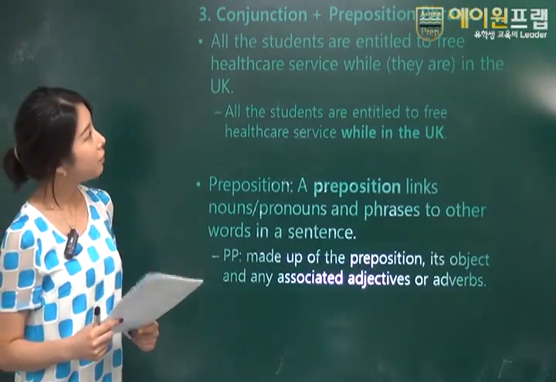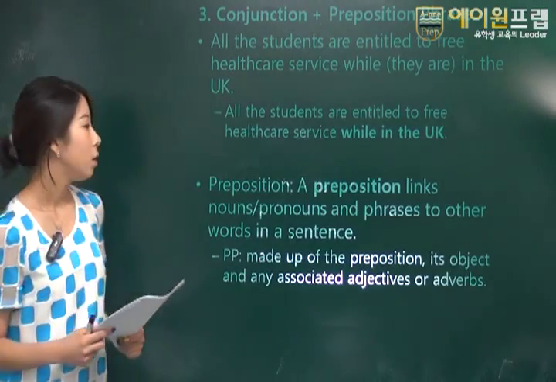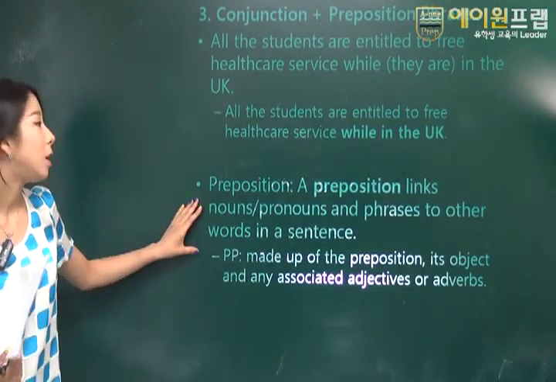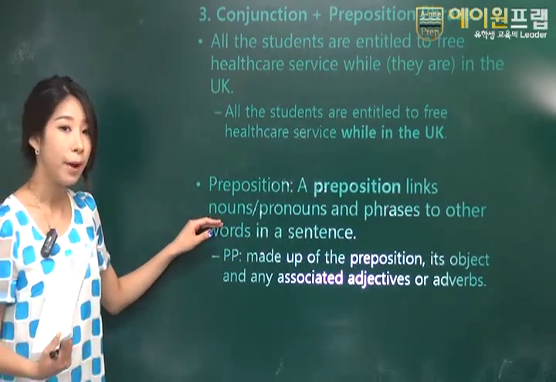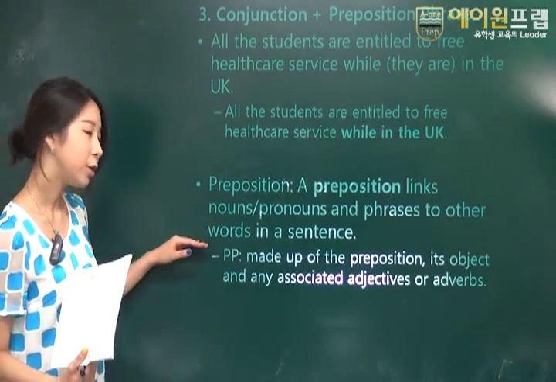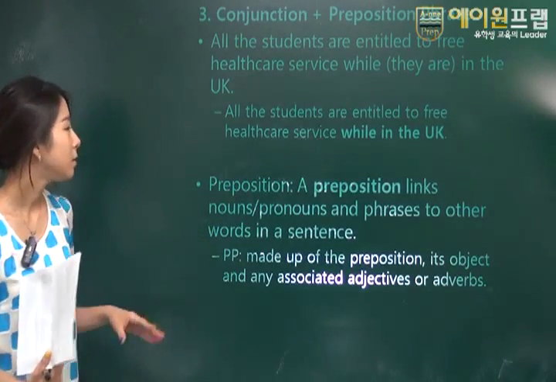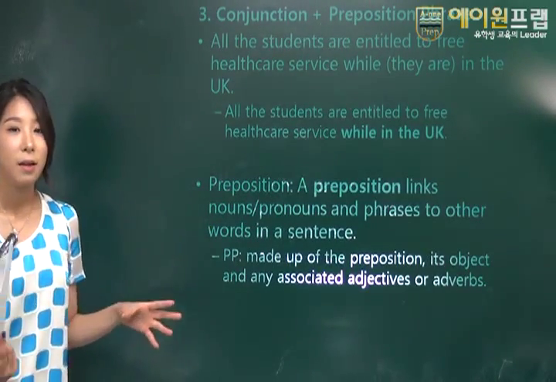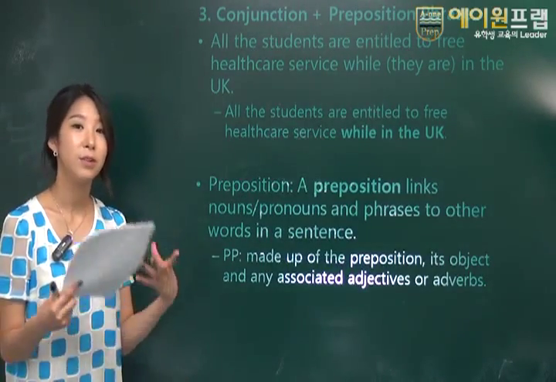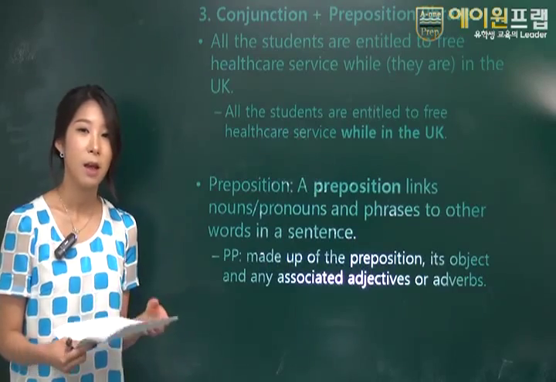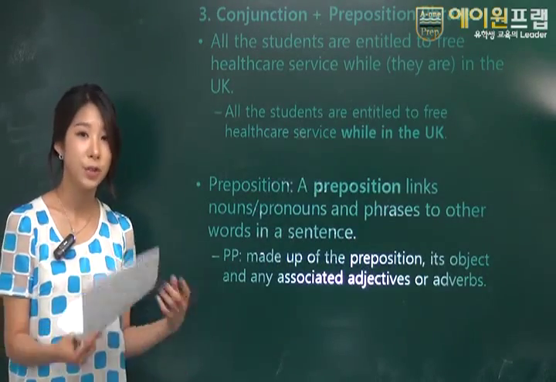And when conjunction meets prepositional phrase. So what is a preposition? A preposition links nouns or pronouns and phrases to other words in a sentence. It's kind of similar to conjunctions, but a conjunction is a bigger thing in a sentence. It can do more stuff, it's more important, and it can change the meaning.